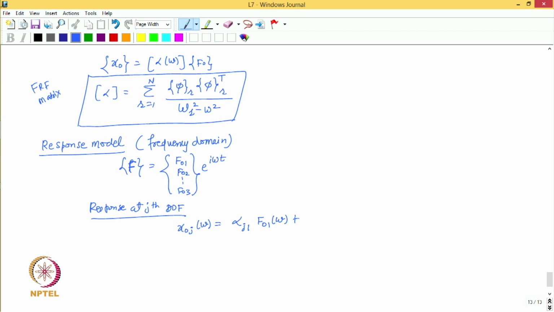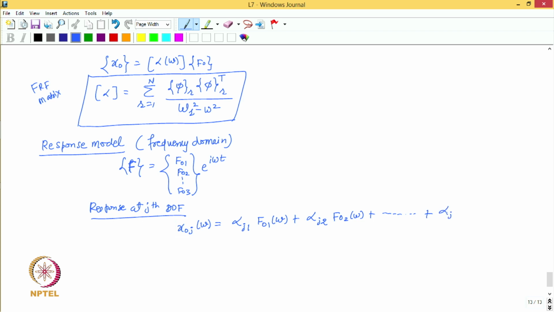Then there is also the response due to the force at the second degree of freedom, and that can be obtained by multiplying the FRF at the jth degree of freedom due to force at the second degree of freedom, alpha j2, by the amplitude of the force at the second degree of freedom, plus in this way I need to add the response due to other forces also, acting at other DOFs.